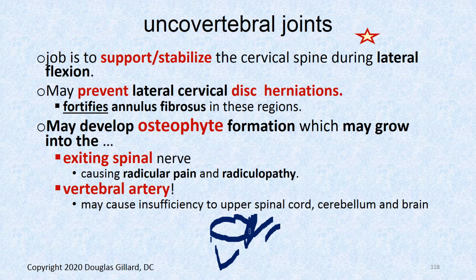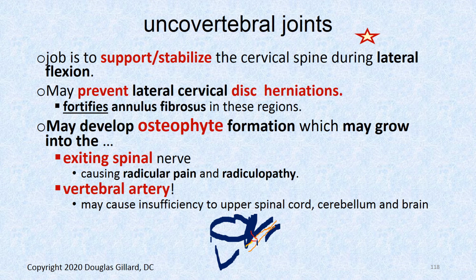If you get bone spurs like this, your nerve root is running right through here, so you can shish kebab that nerve root and have horrible pain down your arm from these bone spurs coming off the Luschka joints or off the facet for the Luschka joint.